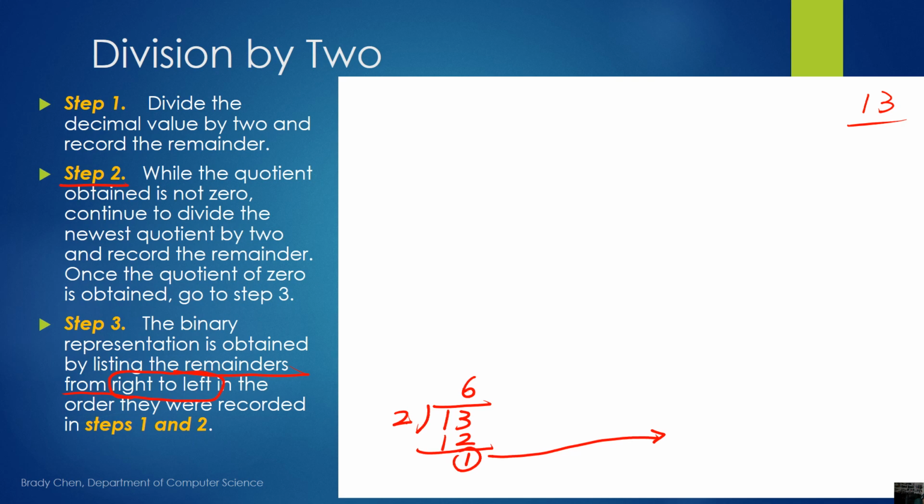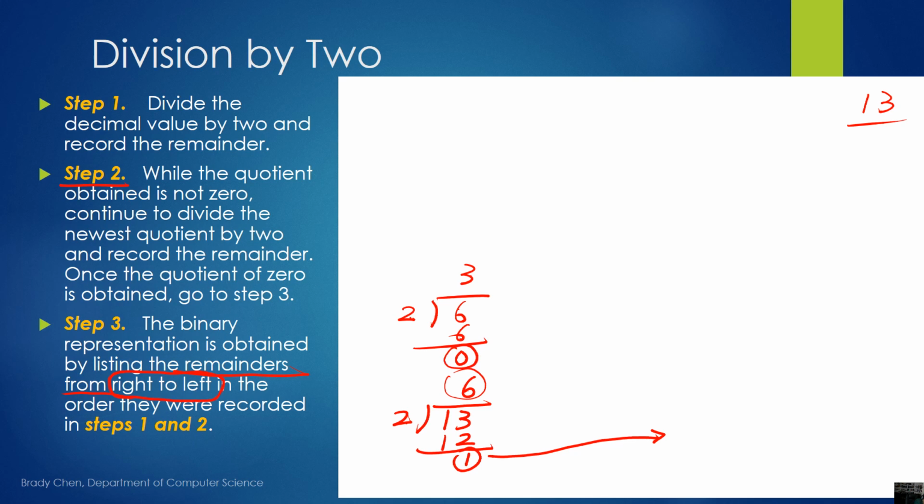Now we have a quotient 6. That's step 2. The quotient 6 is not 0, so we divide the nearest quotient, which is 6, by 2. And we get a quotient 3. 2 times 3 is 6, 6 minus 6 is remainder 0.